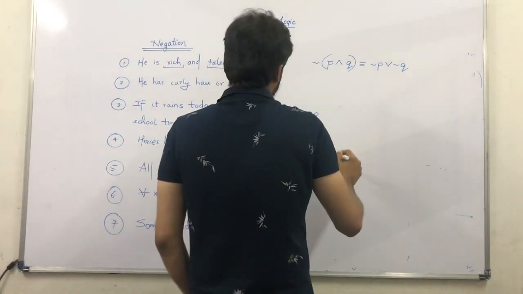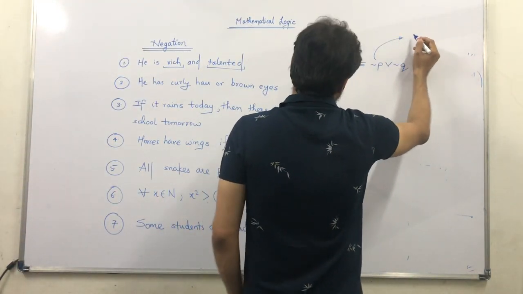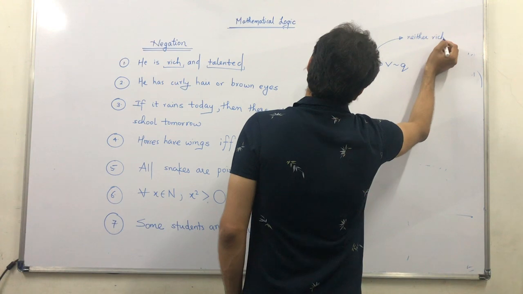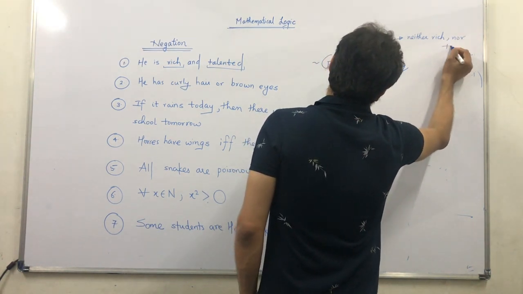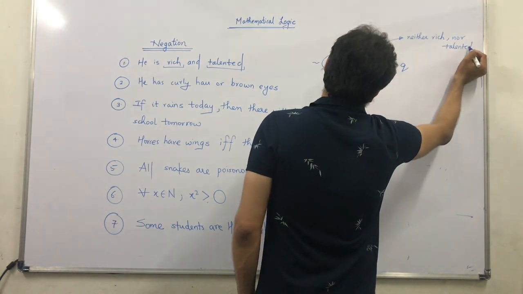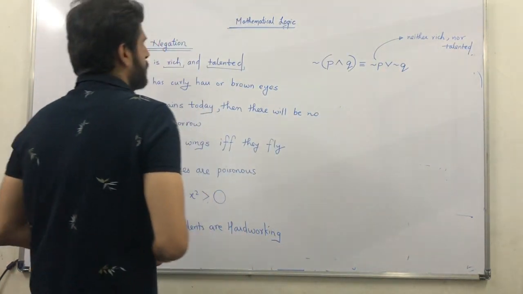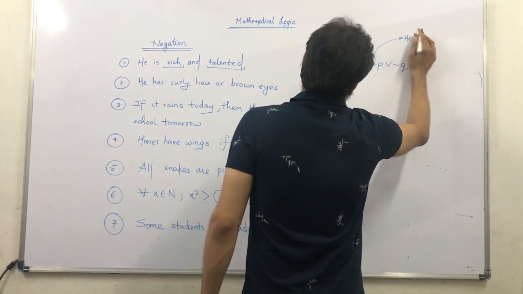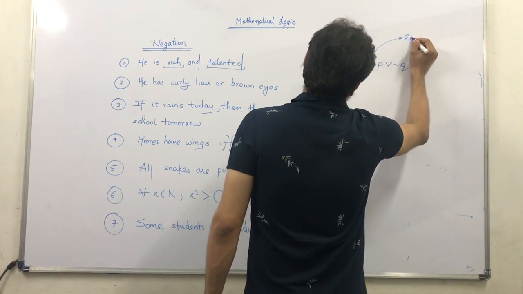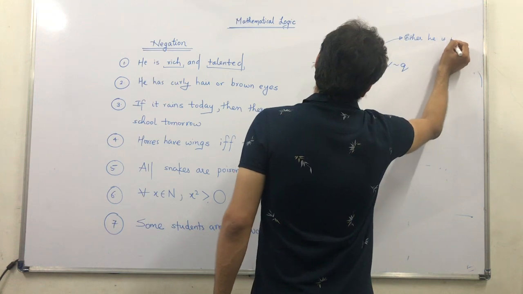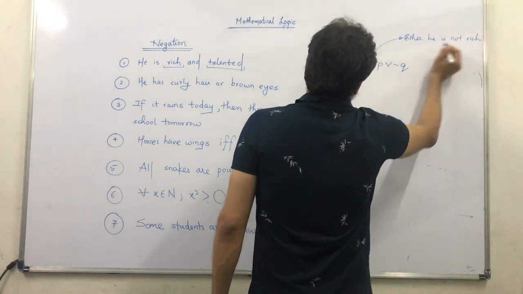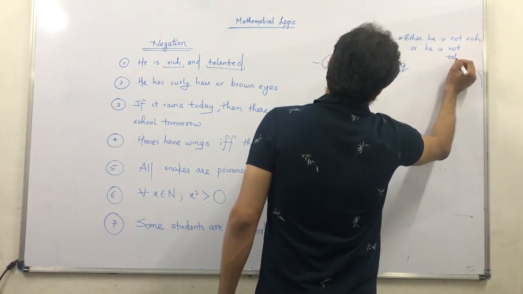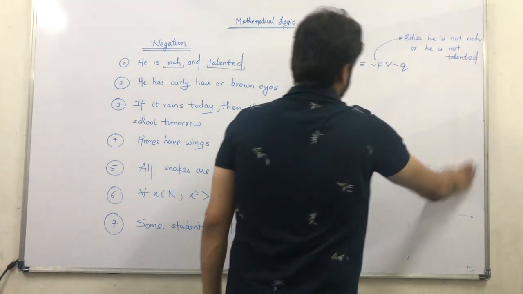Now, negation P or negation Q, if you want to convert this to verbal form, we can say either he is not rich or he is not talented.